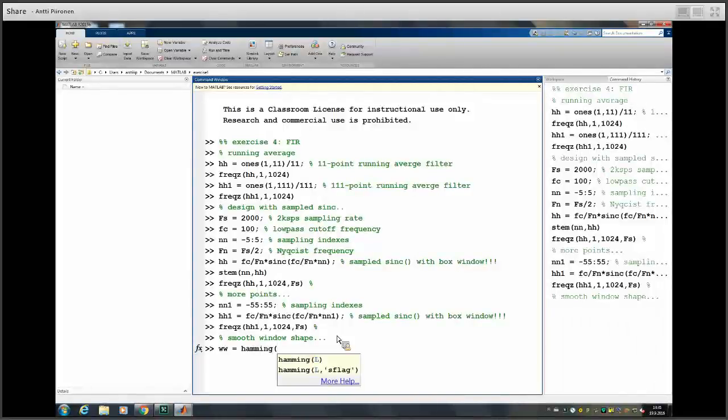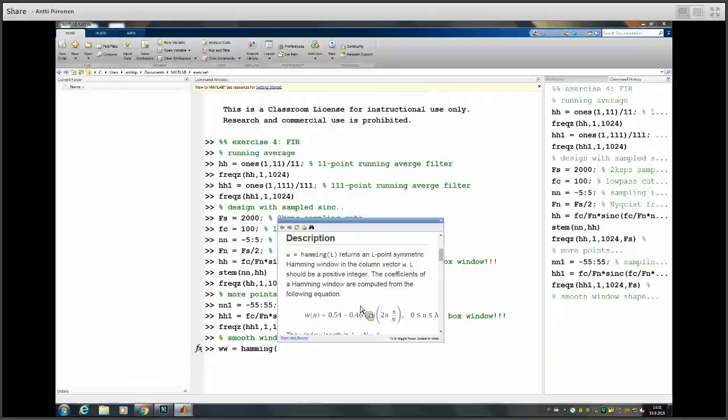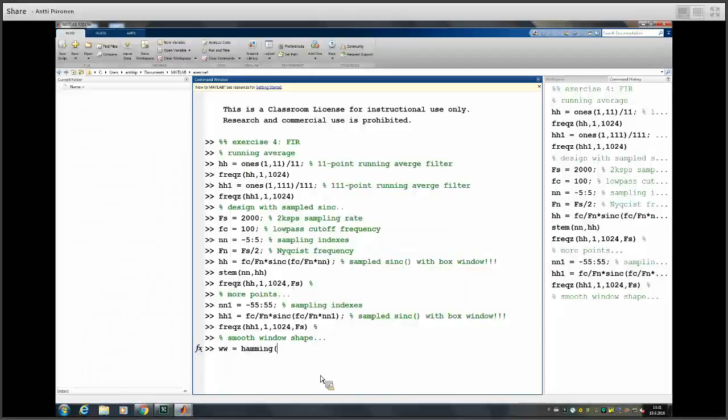And then Hamming requires just one parameter, which is the length of the window, the L-point symmetric Hamming window in the column vector, Hamming of length NN. There. Same length as indexes. There. This is a column vector, but our system parameters are row vectors.